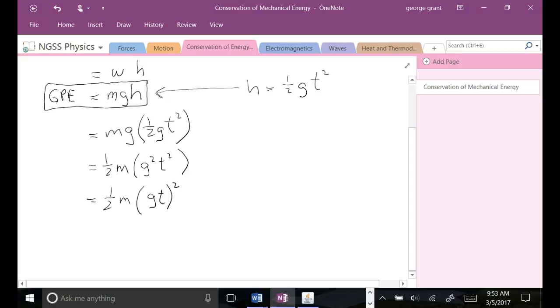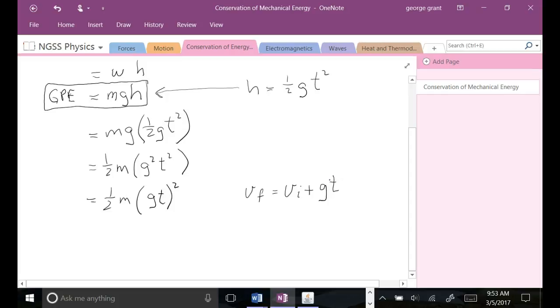Okay, now I'm going to resort to the first kinematic equation, which says that the final velocity is equal to the initial velocity plus acceleration times time. Here the acceleration is again the acceleration due to gravity. So instead of using a, I'm going to use g and multiply by time.